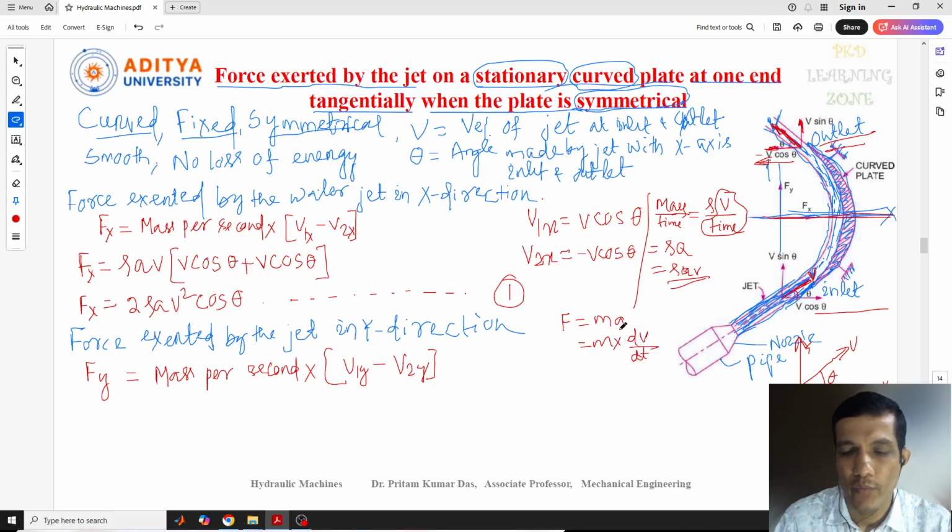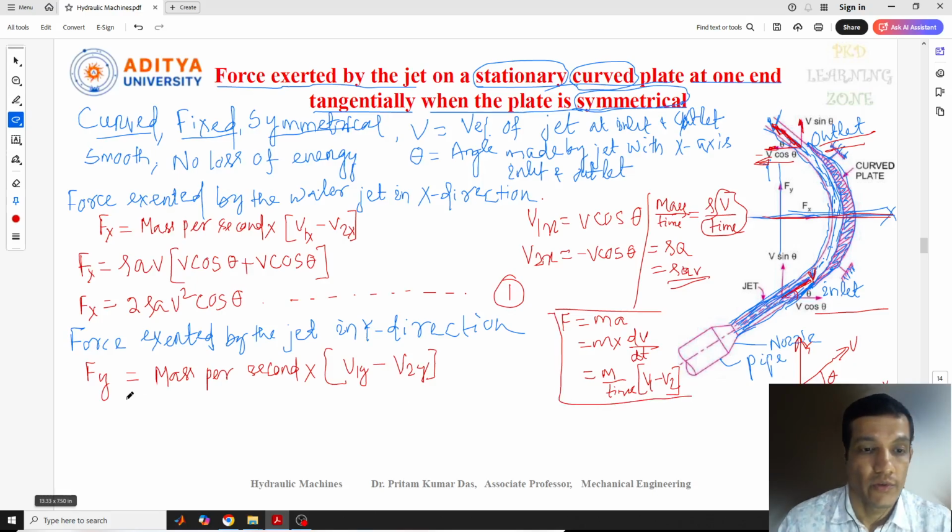This one also I have told you previously. Acceleration equal to, we know that change in velocity with respect to time. Again, this one we can write mass by time, and this one change in velocity, we can write v1 minus v2. The same thing we are writing here, but I'm writing directly here because these things already I have told many times in our previous lectures.